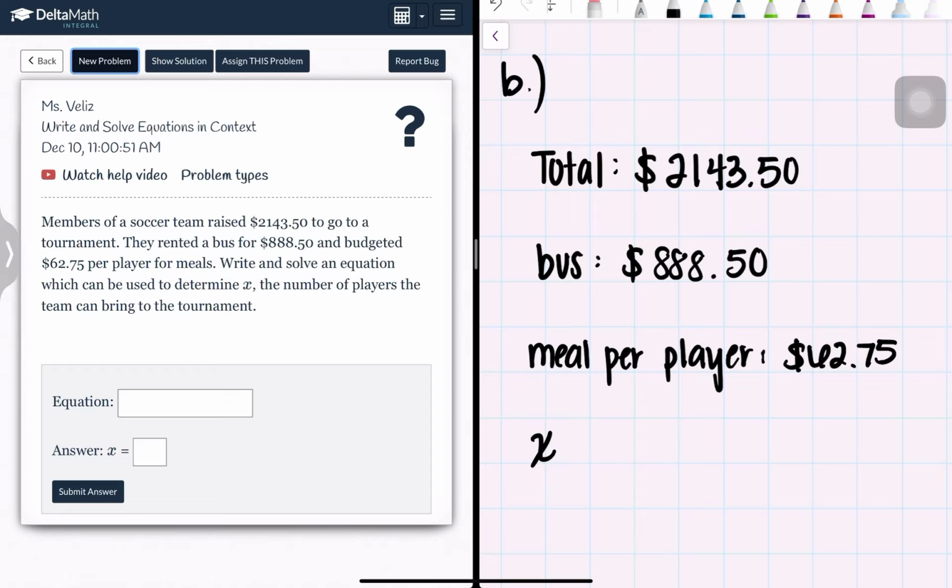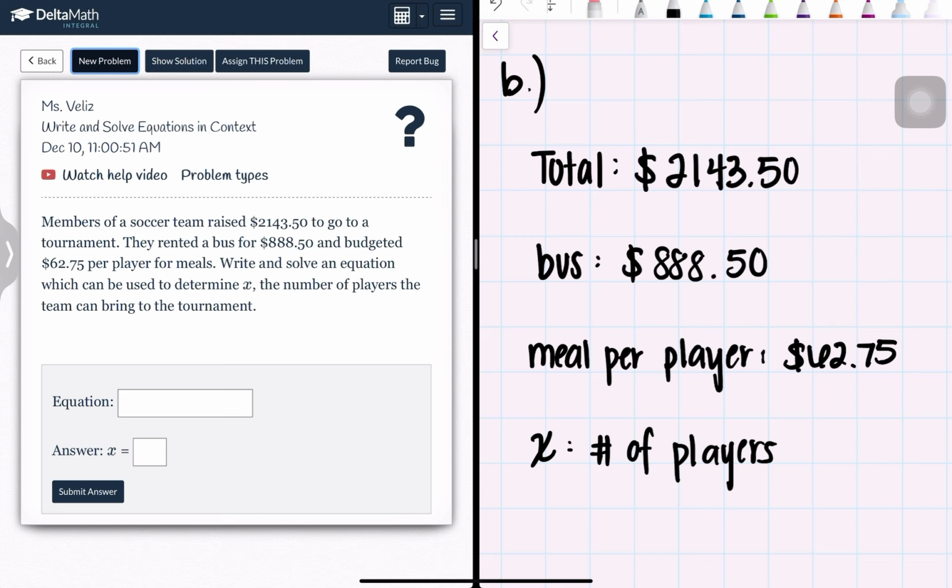What is unknown, guys, is X, the number of players. We need to know how many players are going, to see how many meals we have to purchase.